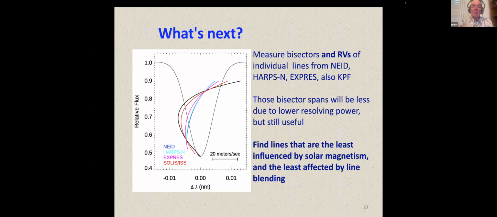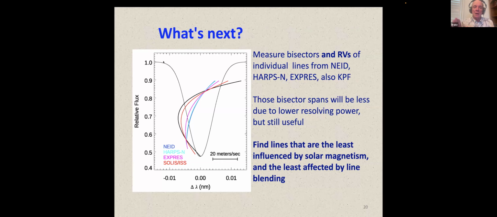Now, a possible downside of using those spectrometers is their spectral resolving power. I know they're high spectral resolution, but SOLIS had a resolving power of 300,000, and it was a double pass spectrometer. So the spectral purity of SOLIS is very high. This figure shows a synthetic line.